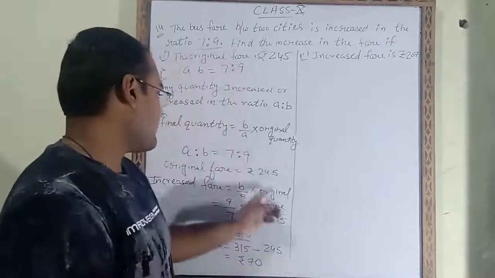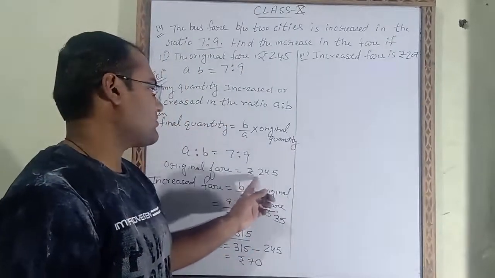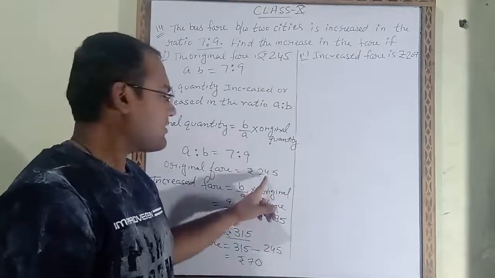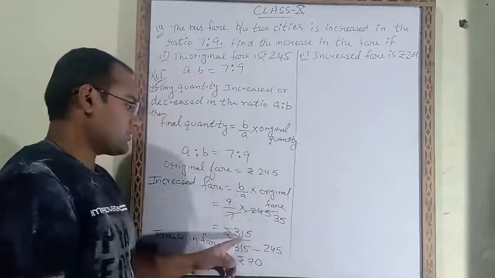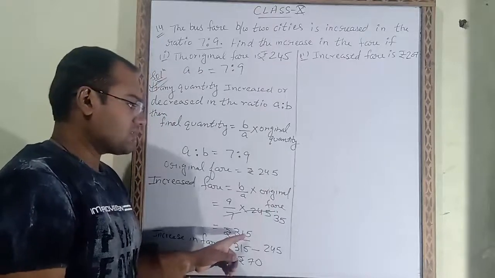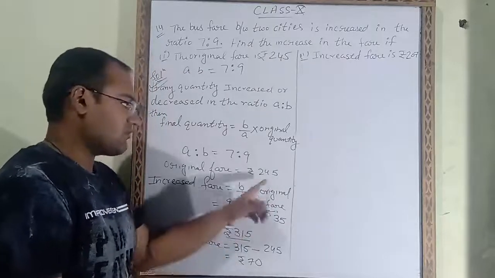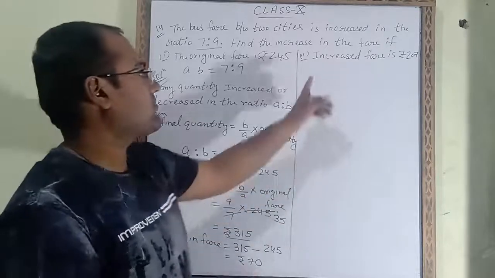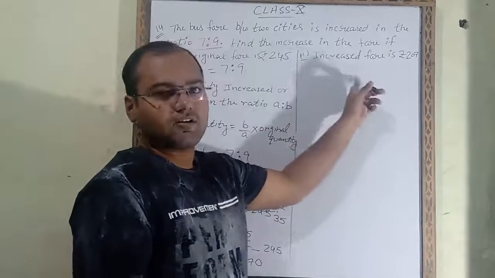So earlier the cost was 245 rupees, but after the increment the increased fare was 315. So how much fare is increased, that we have to find. So we have to subtract these two values. Answer is 70.